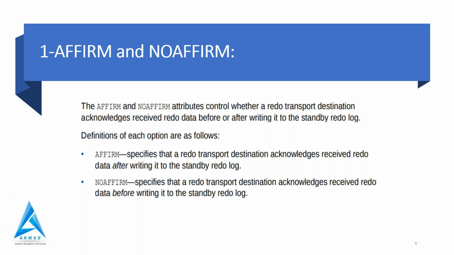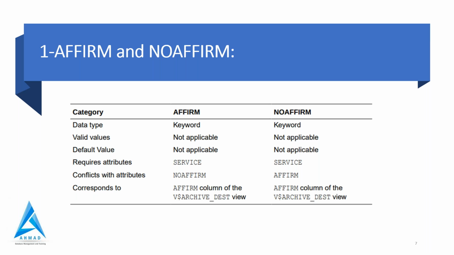And NOAFFIRM specifies that the redo destination acknowledges receipt of redo data before writing it to the standby redo log. Okay, so these are the two options, and this is the way you can define them.